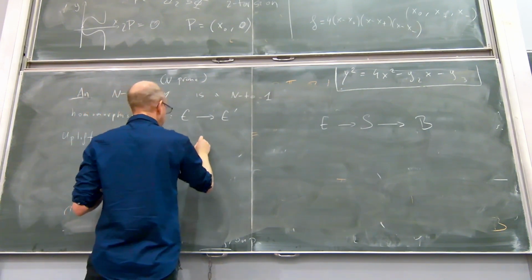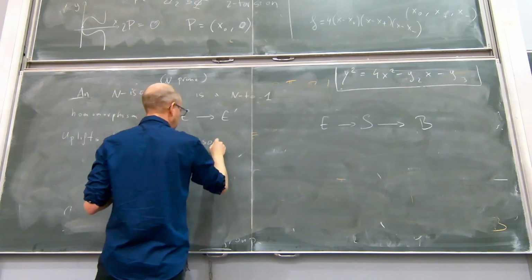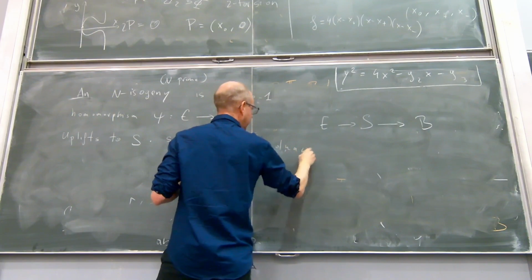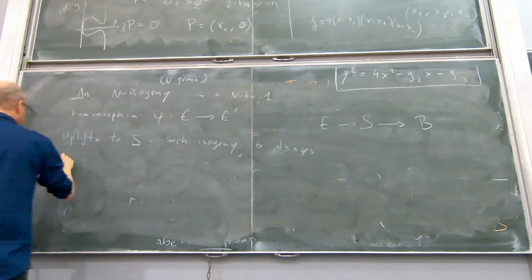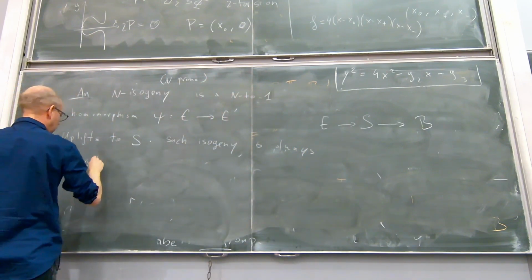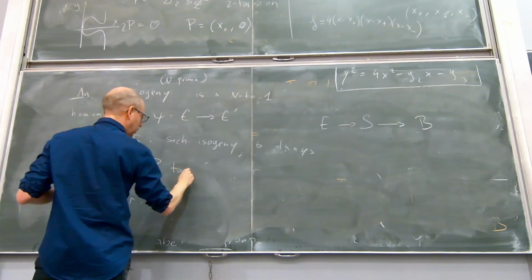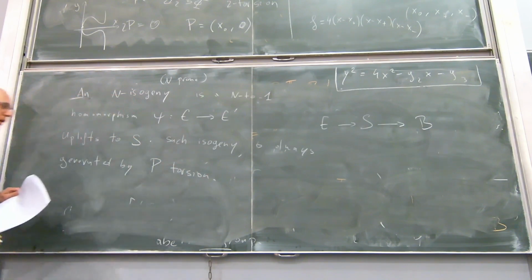And in fact, such an isogeny is always generated by a torsion section, by P torsion.